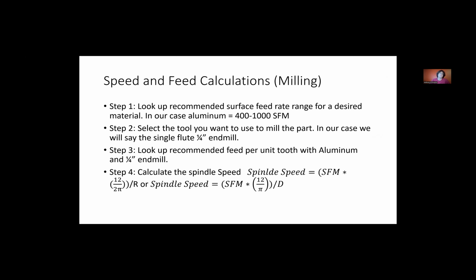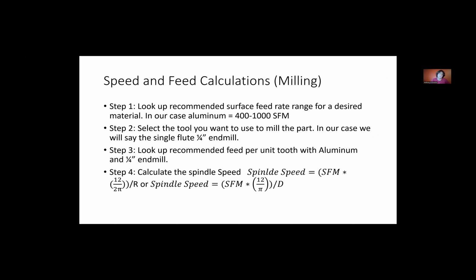Usually your surface feed is not dependent on the end mill size, but on the end mill material. However, the feed per tooth is dependent on the material that you're cutting, the material of the tool, and the diameter of the tool. So you look up your recommended surface feed and your recommended feed per tooth, and those feed into later calculations.